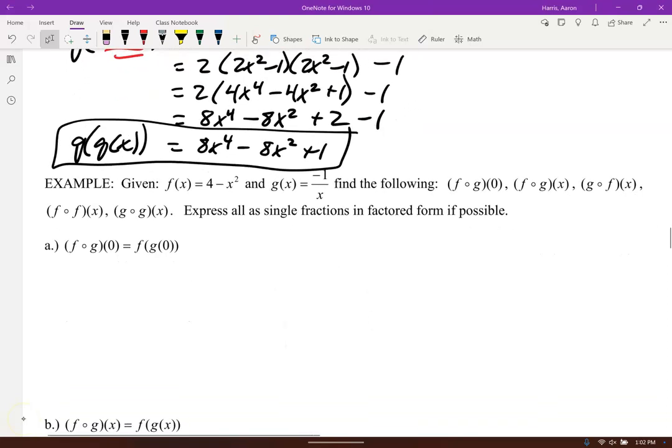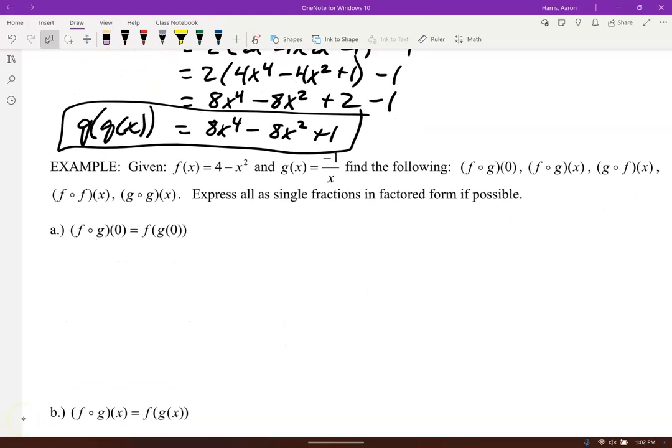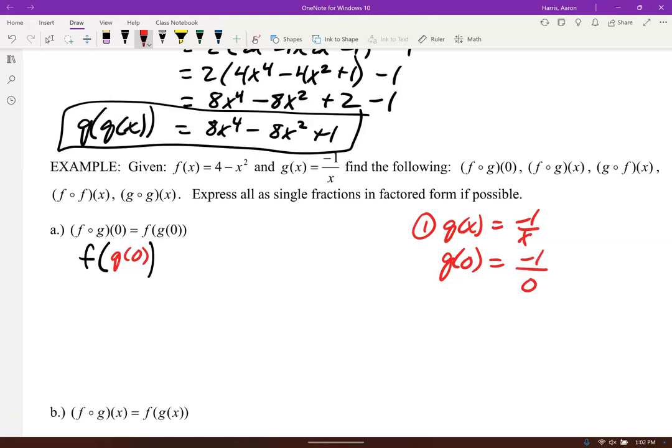You could make these a you-try if you'd like to, but we're going to go ahead and find f of g of 0. So let's go to the side. I know g of x is negative 1 over x. So what would g of 0 be? Can I divide by 0?